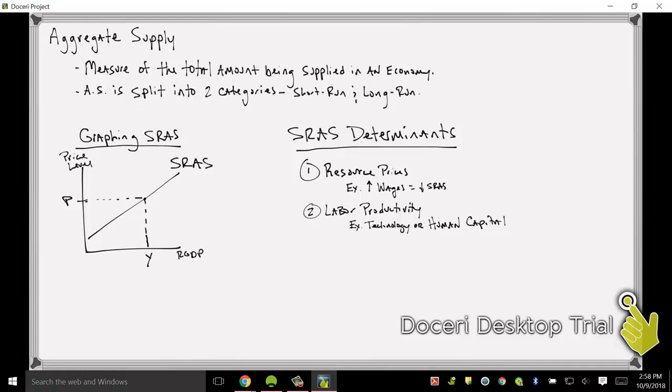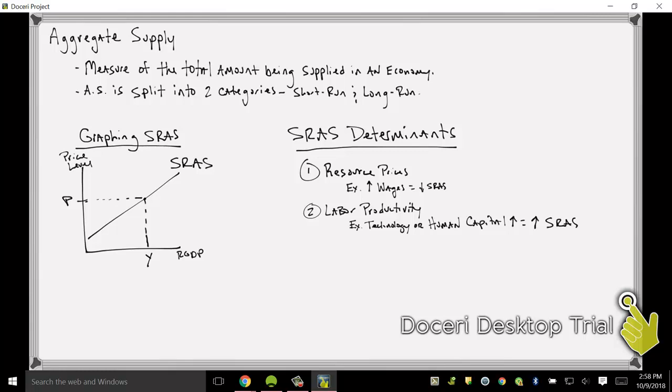And so if any of those things increase, let's say, technology or human capital, then that would translate into an increase in our short-run aggregate supply curve, indicating that better technology or better human capital leads to an increase in production in the economy.